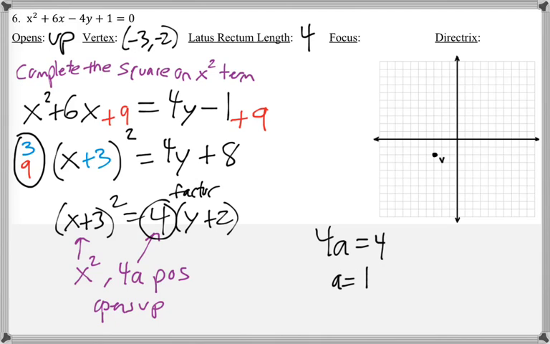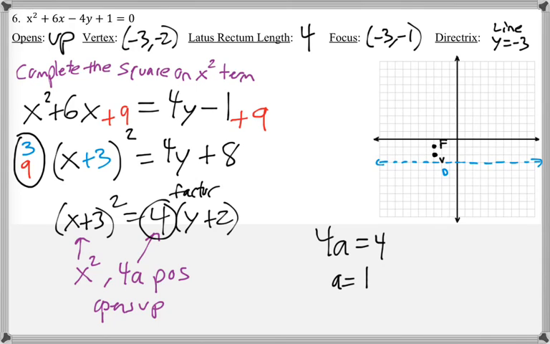And this will be my focus. And then I'm going to subtract 1 from the vertex. And that's going to be my directrix. So my focus is the point -3, -1, and my directrix is the line y is equal to -3.